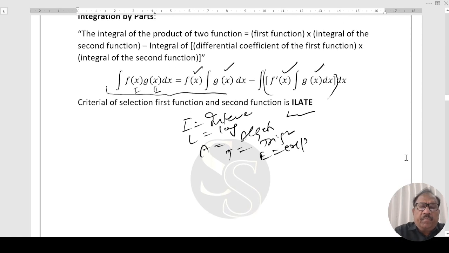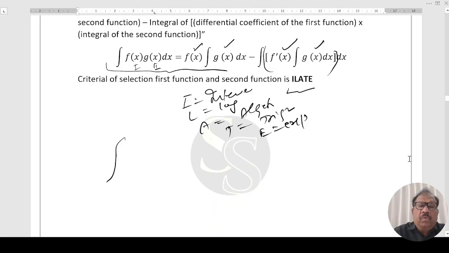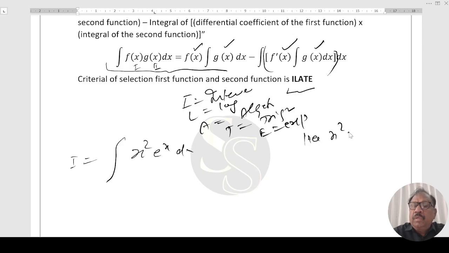Now in this question, it is x square into e to the power x dx. Here x square is algebraic, e to the power x is exponential. x square is the first function, e to the power x is the second function.